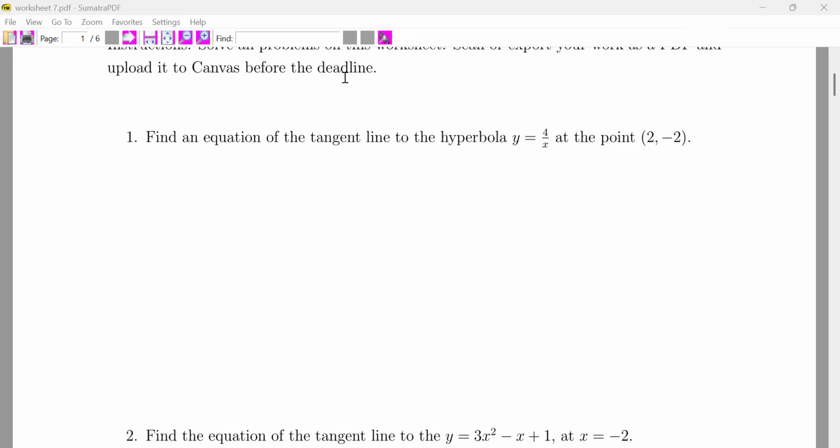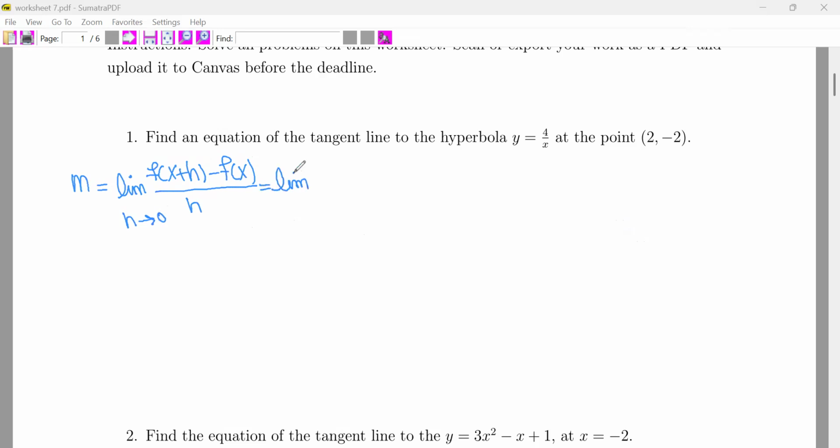So m, by definition, is the limit of f of x plus h minus f of x over h when h is approaching 0.